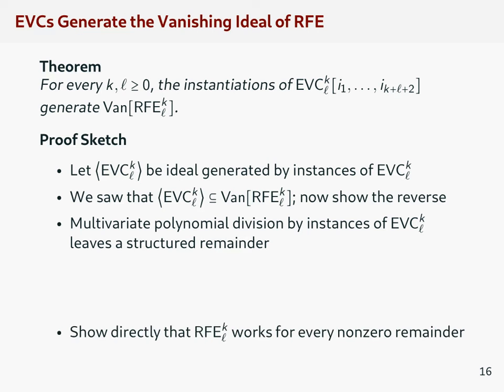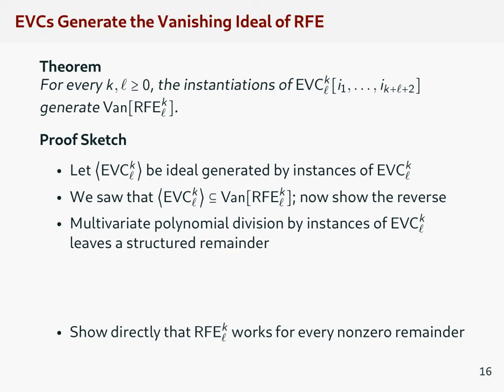And what we do is we show directly that when you plug RFE KL into any non-zero remainder with that structure, the result is non-zero. Since plugging RFE KL into EVC gives you 0, the only way that plugging RFE KL into a polynomial can have 0 result is if the remainder has 0 result, and that's only if the remainder itself is 0.